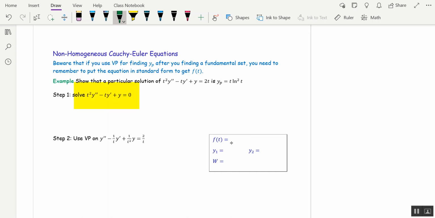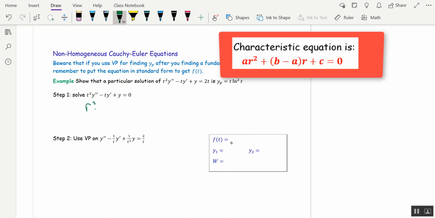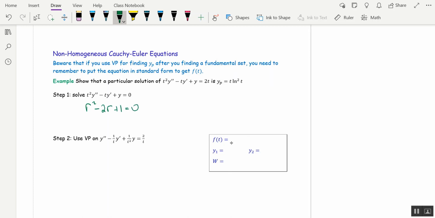I'm going to find a general solution of the homogeneous. So my characteristic equation is r squared minus 2r plus 1 equals 0. We actually just solved this. This is (r minus 1) squared is 0. So I have a repeat root of 1. So yc is c1 t plus c2 t ln t.